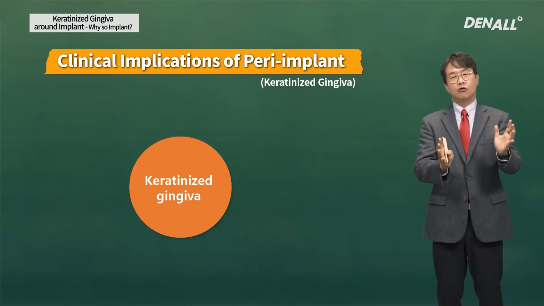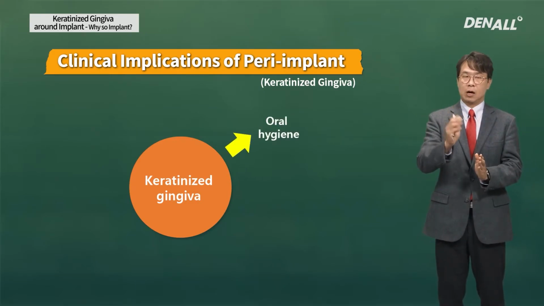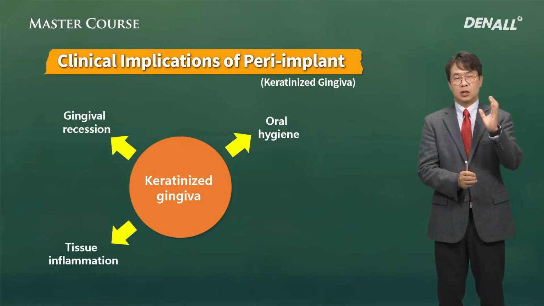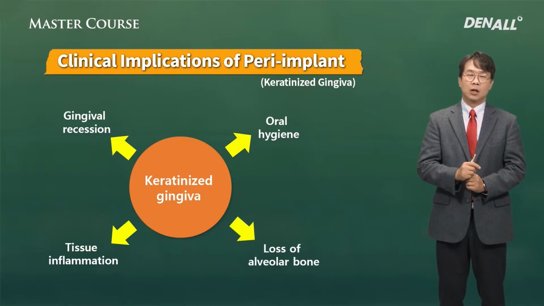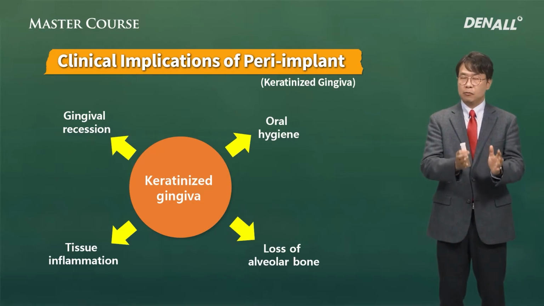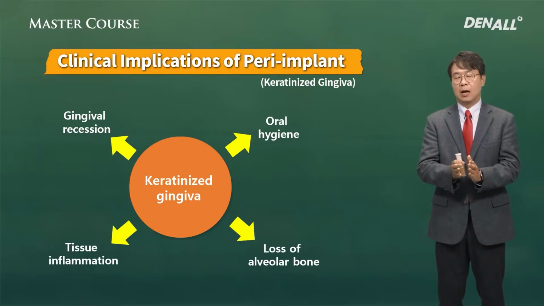Keratinized gingiva affects many different elements. First, oral hygiene, tissue inflammation, gingival recession, and loss of alveolar bone. However, which one is affected more by keratinized gingiva?